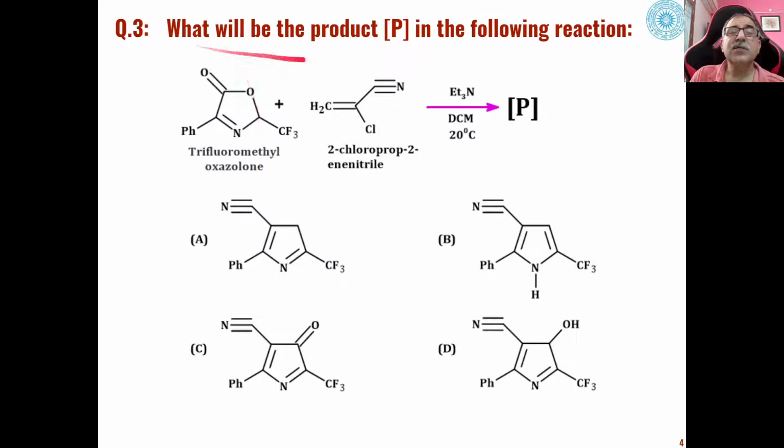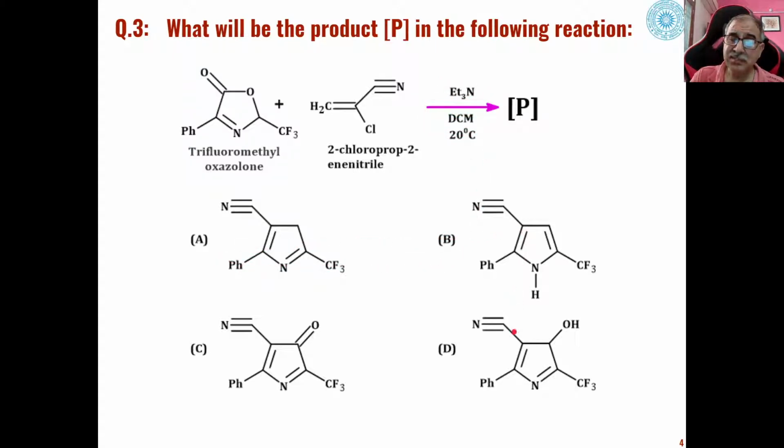Then the third problem is when oxazolones react with these types of alkene nitriles in presence of a base like triethylamine in dichloromethane as solvent.